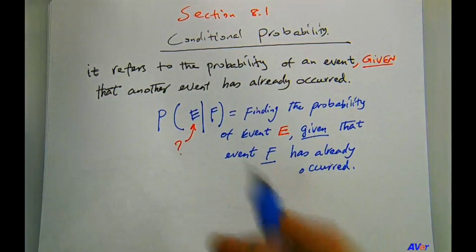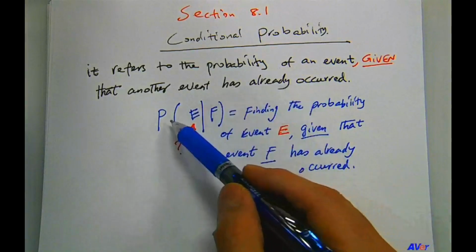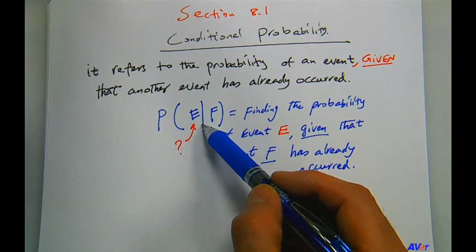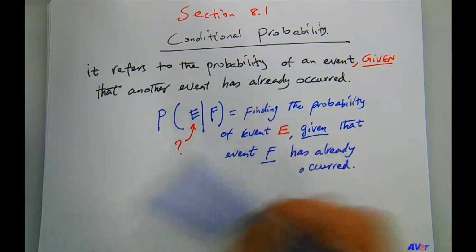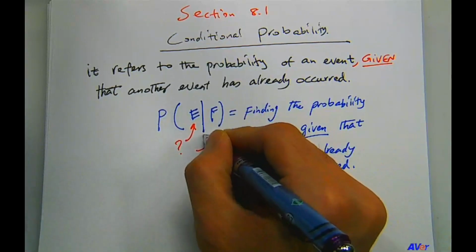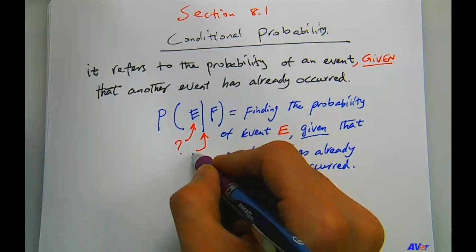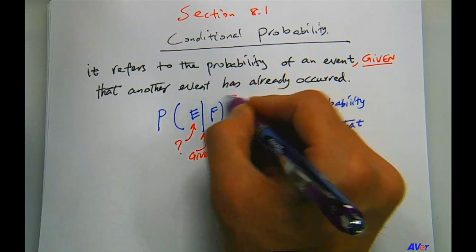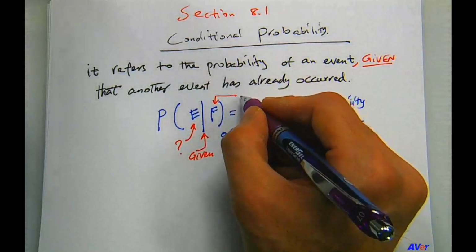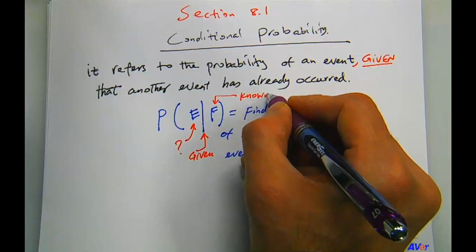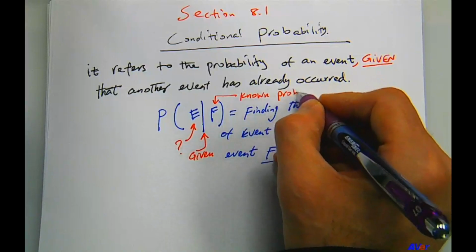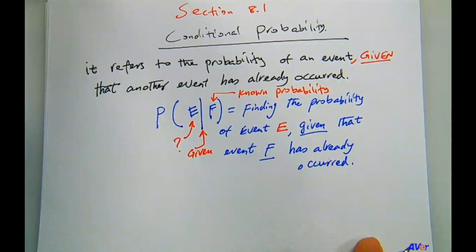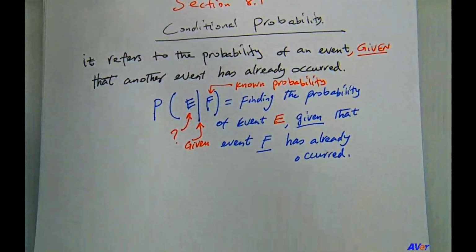Okay, so that's the definition. This is how we read it: probability of event E given that F has already occurred. So this vertical bar is "given," and this F is the known probability. Okay, so that's the notation for it.